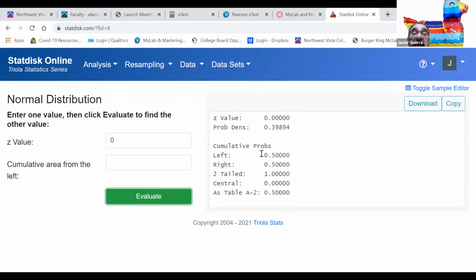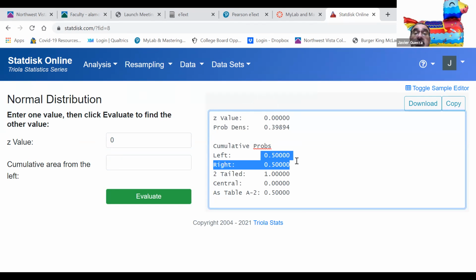It's less. And so there's my answer. It is going to be 0.5000, and the answer we get, you have to round that one to 4 places. So I got 0.5000 or 50.0%.